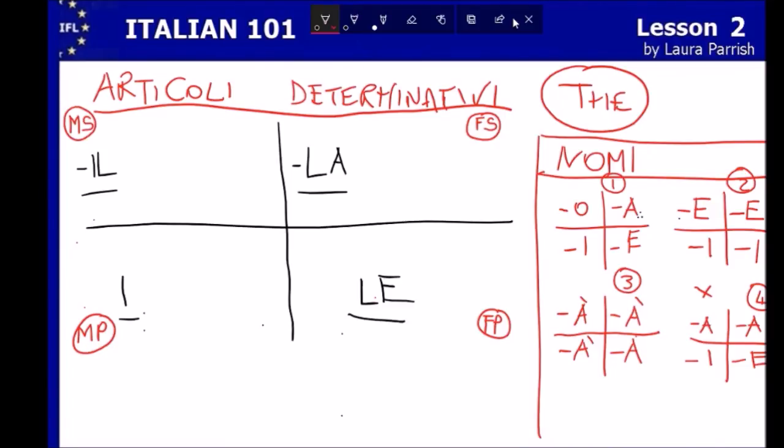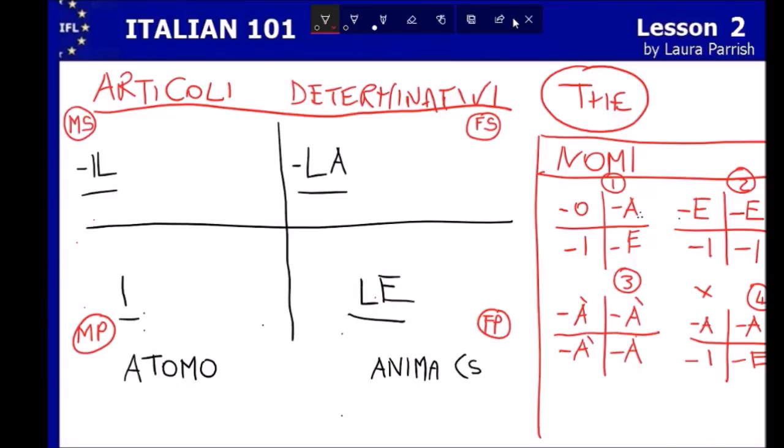Okay, let's say the word, for example, atomo. Atomo is an atom in chemistry. And for example, let's say anima. Wow, we go into spirituality because anima means soul.